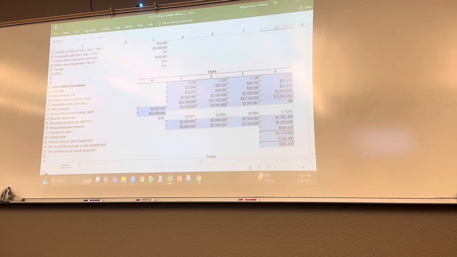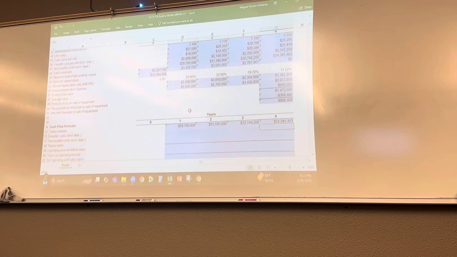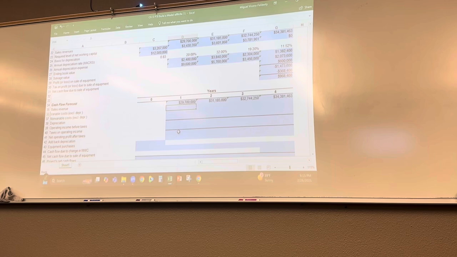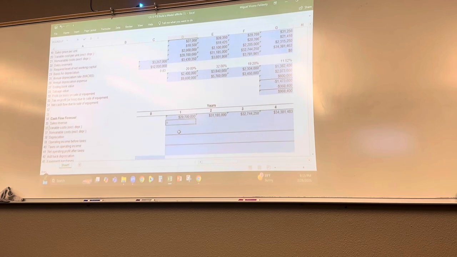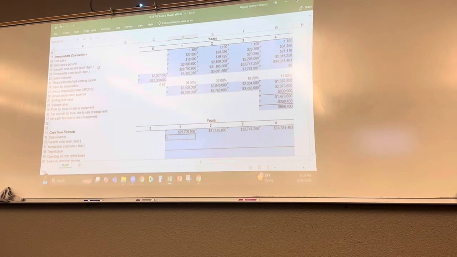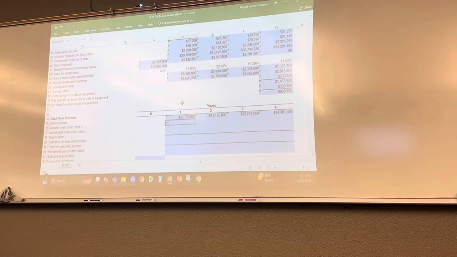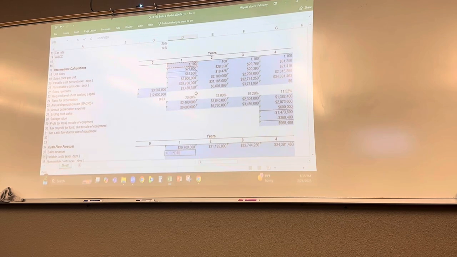We're just pulling that number from here. The variable cost, same thing. No, I'm lying. Sorry, we haven't calculated that yet. So the variable costs are actually going to be the unit costs times the number of units sold. That's going to be the full variable cost.